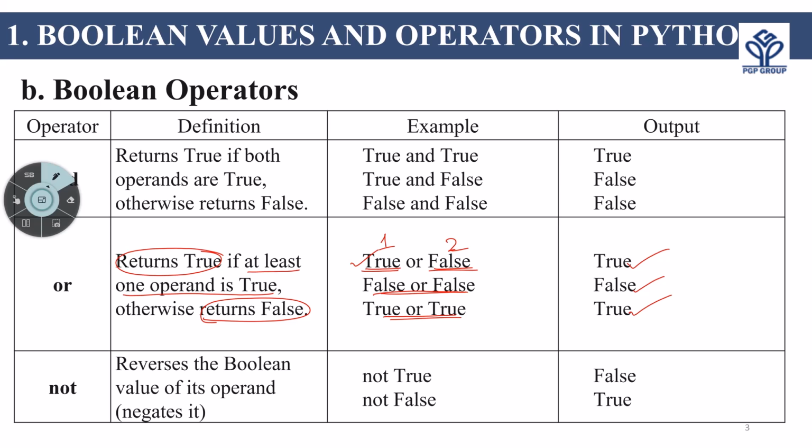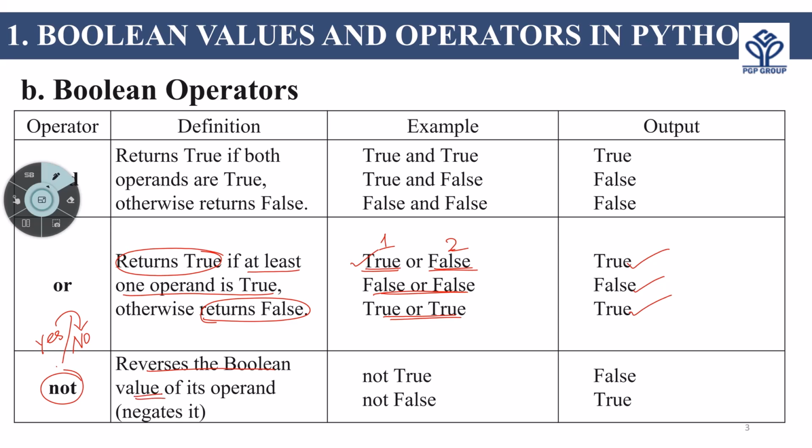Then the third operator is the NOT operator. What is meant by NOT? Negative. Correct? When we use the NOT operator, yes is converted to no. It reverses the Boolean value.